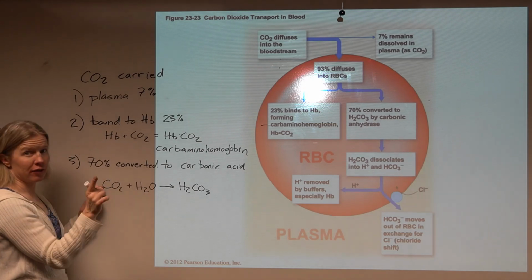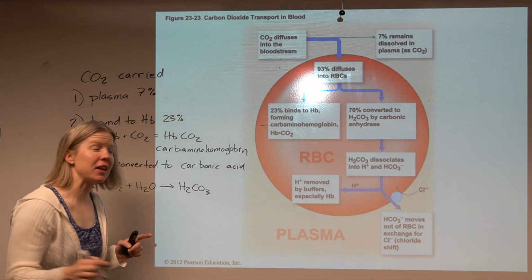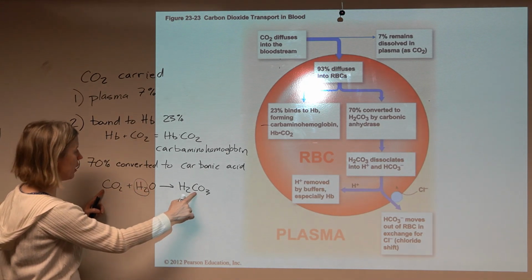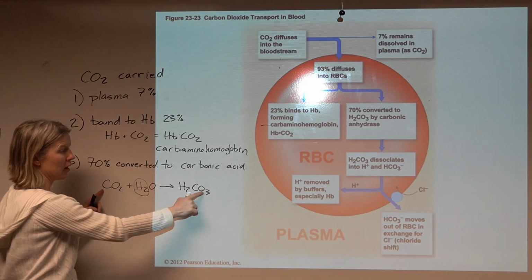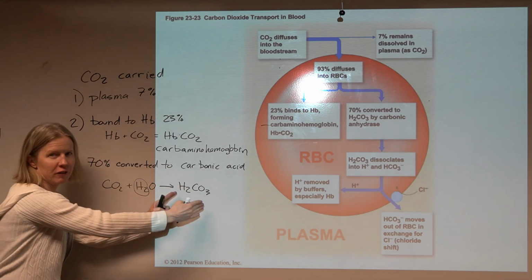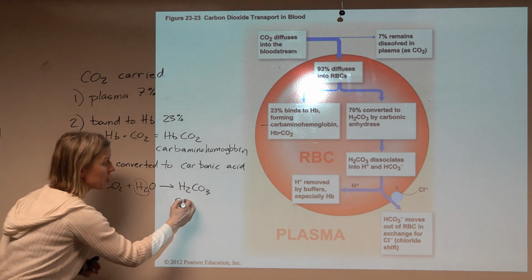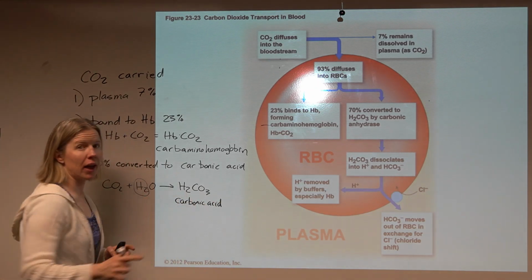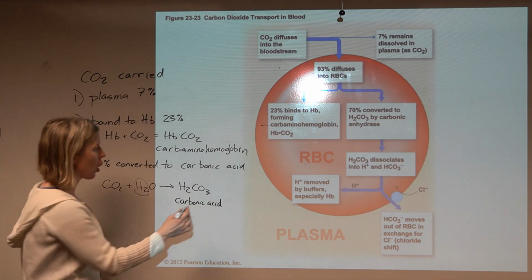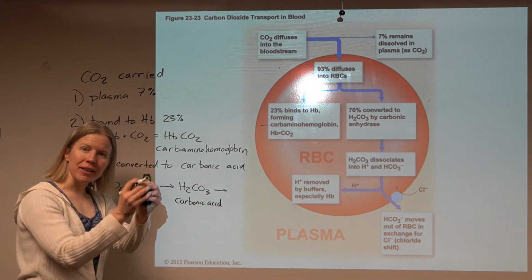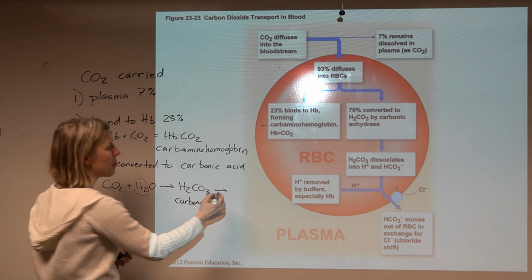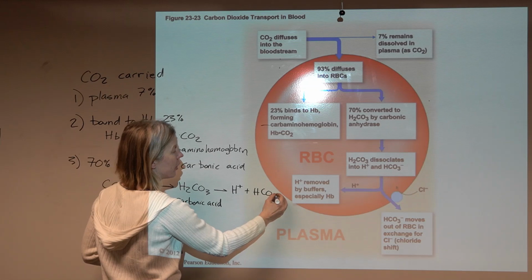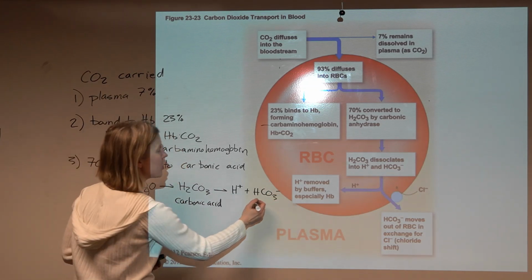If you're not feeling great with chemistry, there's your two H's, there's your C, and then 1, 2, 3 oxygens. So just make sure you account for everything. And you have H2CO3, which is carbonic acid. But we don't stop there. Carbonic acid is going to dissociate. It falls apart into a hydrogen and HCO3 minus, which is bicarbonate.